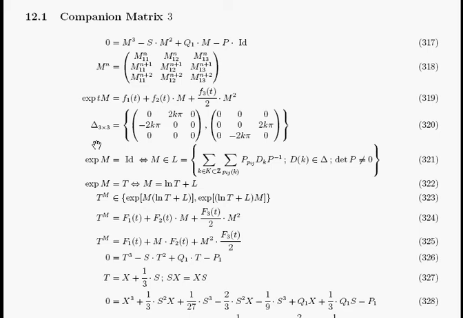The exponential of 2kπi is 1. The logarithm of 1 is the set of exponential of 2kπi. In matrix Jordan form, 0 and minus 2kπ, 2kπ 0 is the Jordan block, representing a complex number.